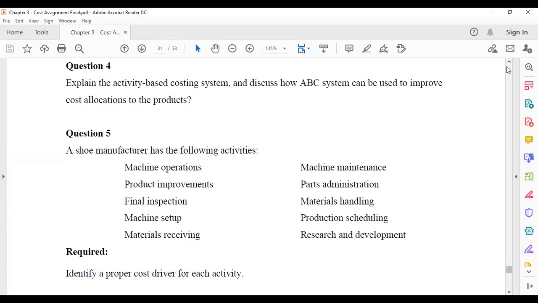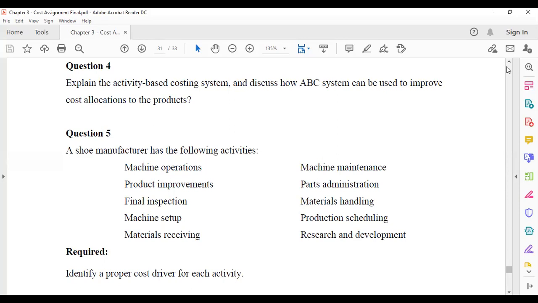Therefore, they tended to believe that this cost was driven by the direct labor, or it may be the machine hours. That is what they believed. But in the activity-based costing system, we believe the cost is driven by the activities, so the cost is caused by the activities.